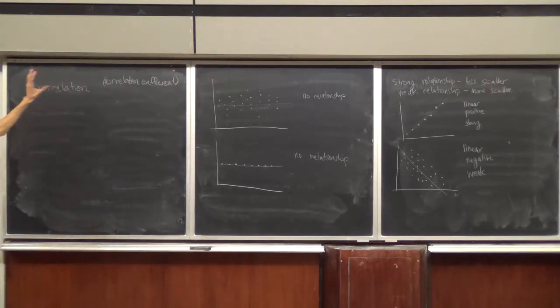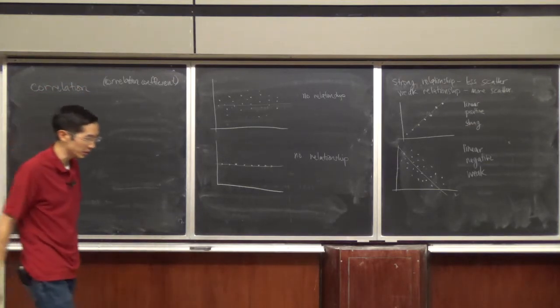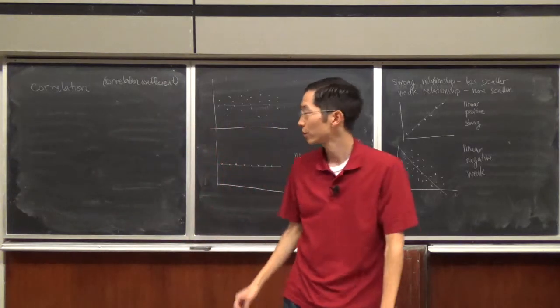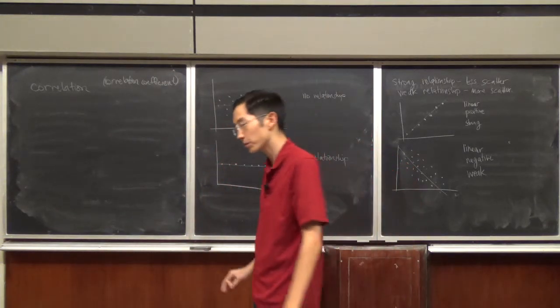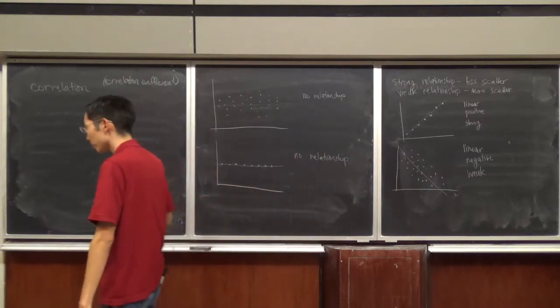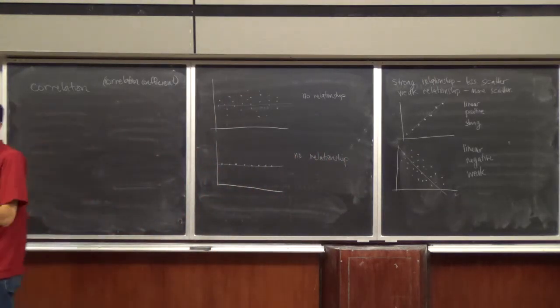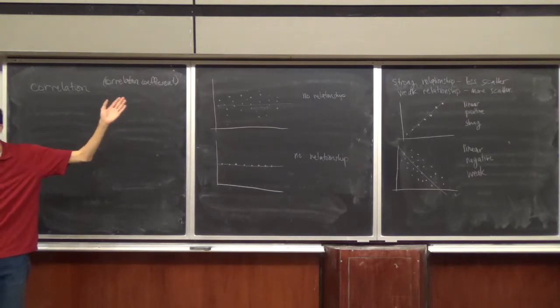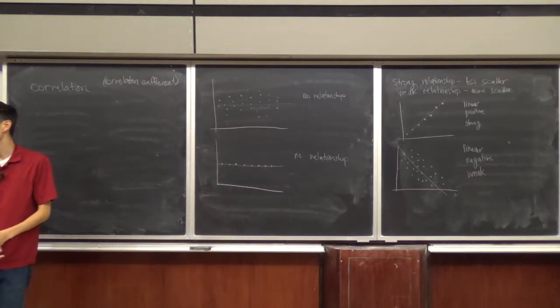But if someone says the correlation, they're referring to the correlation coefficient. It's the same thing. So the correlation, or the correlation coefficient, is a summary statistic that's used to assign a number to describe a relationship between two numeric variables.